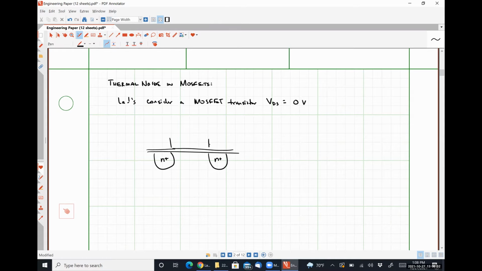Then we have a polysilicon layer up here. And let's just say for the sake of argument that our source voltage is 0 volts. And our drain voltage is 0 volts. And our gate voltage, VGS, is greater than or equal to VT, such that our transistor is turned on.